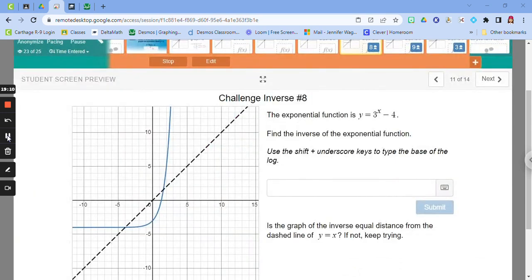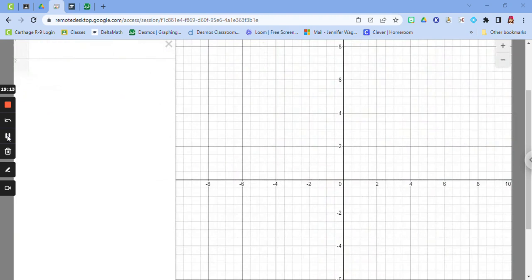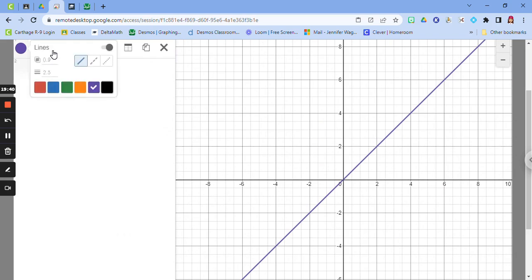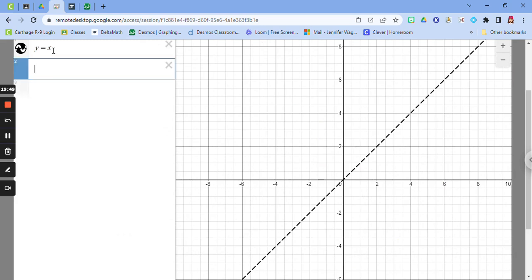Again, the one thing you should make sure you have on Desmos is the equation y equals x. That'll give you a really good idea if you got the correct thing. Now, I don't want mine purple. I want it to be the black dashed line like before. So I'm going to go to my settings, change the color, and change it to dashed. Your settings allow you to change the colors of these equations.